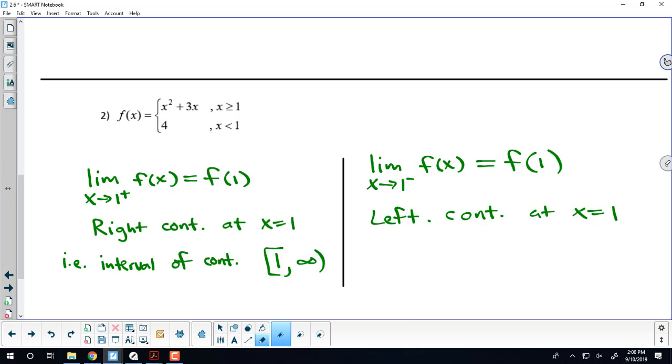What's the interval of continuity then if it's left continuous at 1? Negative infinity to 1, including 1. But would we stop there and say, well, there's the interval of continuity? What is the actual interval of continuity? Negative infinity to infinity.